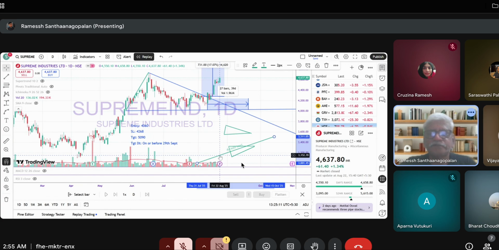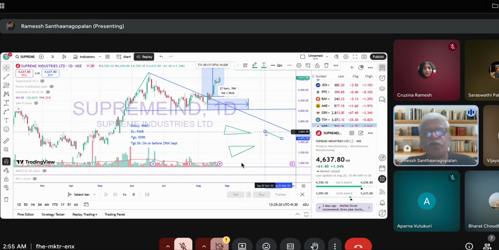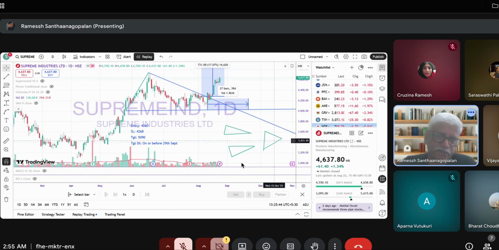Another type of triangle you can see is where the stock is coming from top to bottom, and then at this level the stock goes up from here, comes down here, goes up here. If you find this kind of triangle also, if it breaks out, there is a possibility the stock will move.